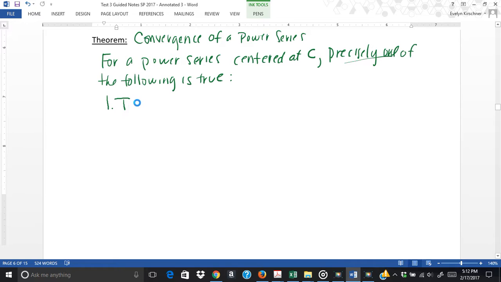One, the series converges only at c, which we know it does anyway, but only at c now.